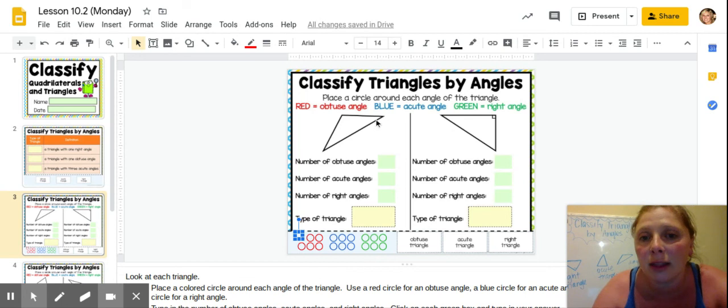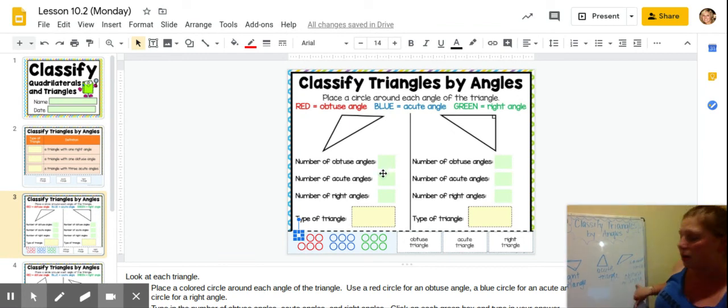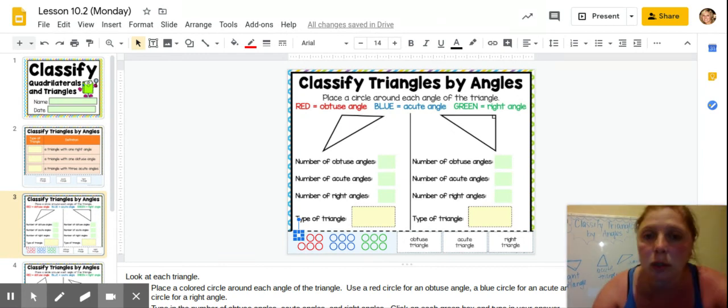So if you think that this is an obtuse angle, you would move the red right over it. Okay, and then you're going to name the number of obtuse angles, just like I did here on this last one. Number of obtuse angles, the number of acute, and the number of right, and then you're going to tell me what type of triangle it is. So these boxes move to there. Okay, here you would just type in 1, 2, or 3.